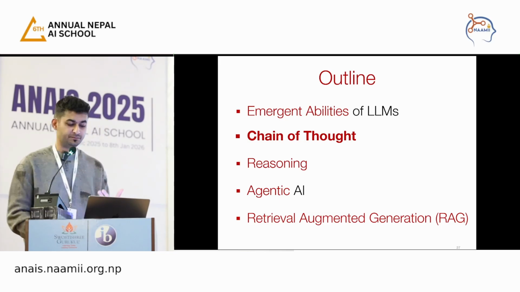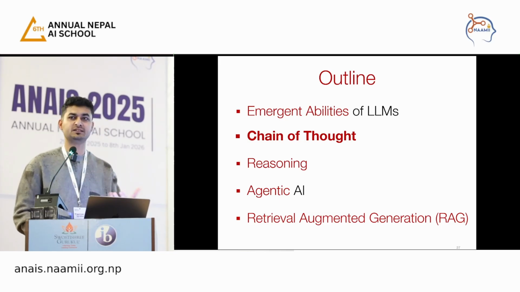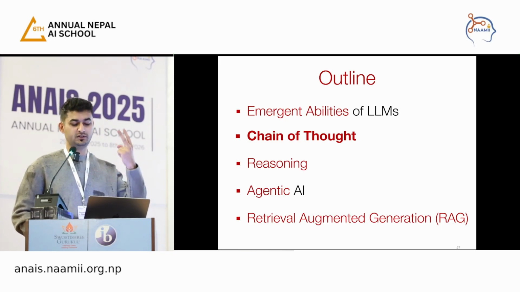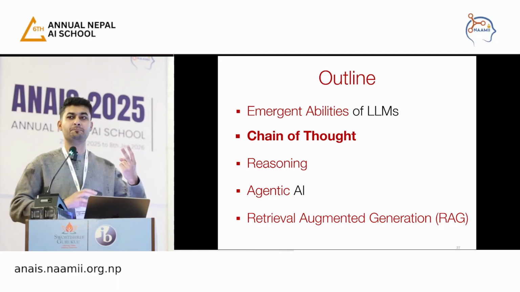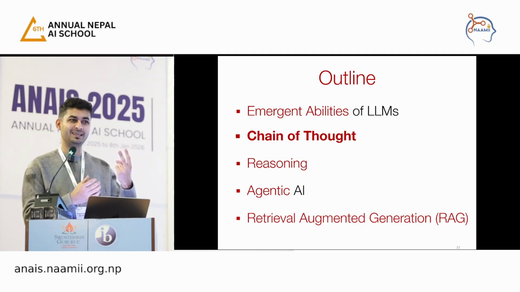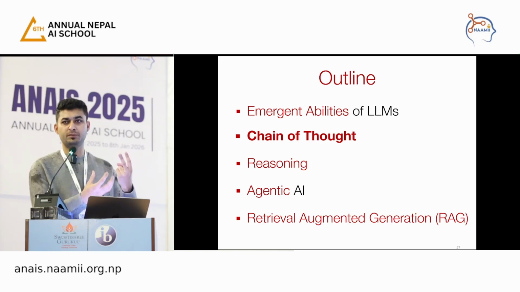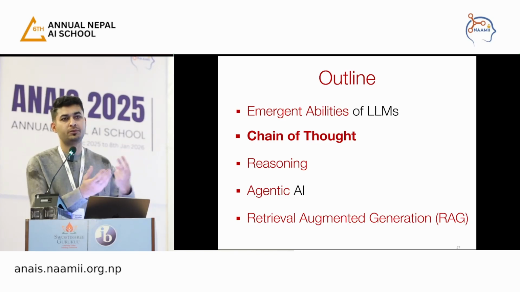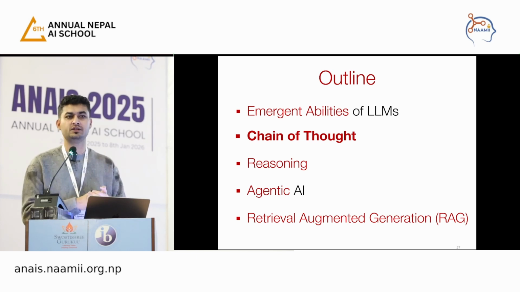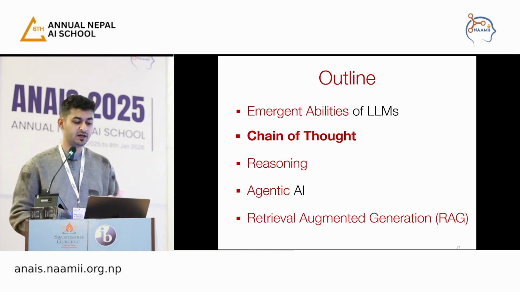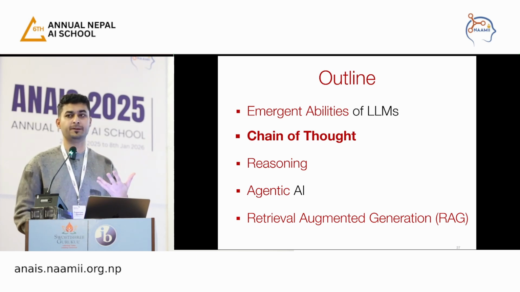Moving ahead, because emergent ability is something, we got to learn a couple of things. One is large scale, and second, I can make large scale models perform even better, I can squeeze out more performance by doing few shot prompting in large scale models. So there was more investigation into how to design better prompts, and that's where chain of thought was very impactful.